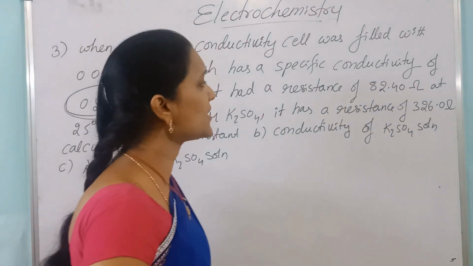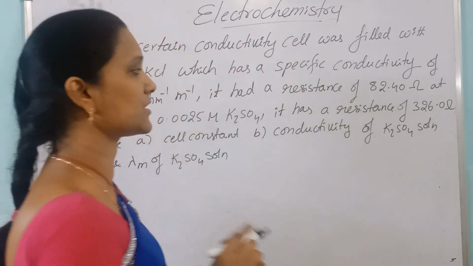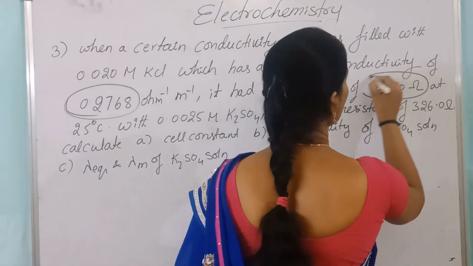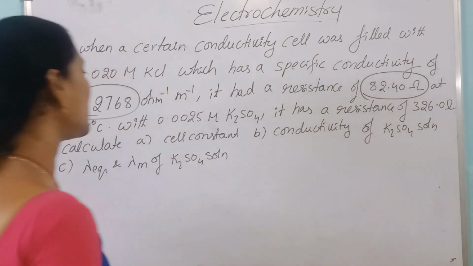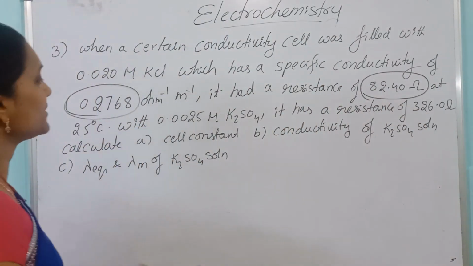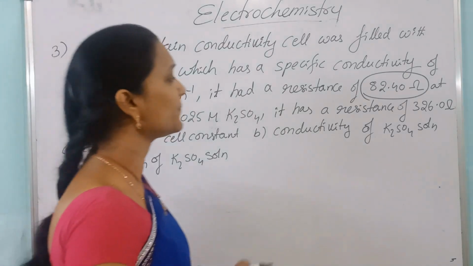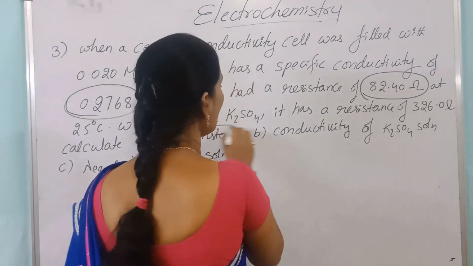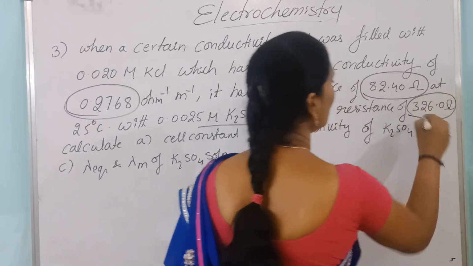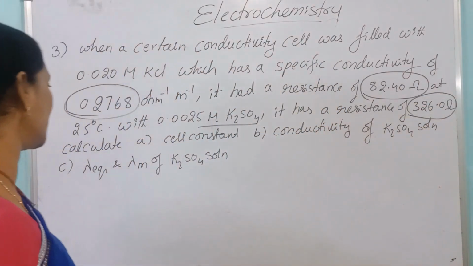It had a resistance of 82.40 ohm, so resistance R is also given, at 25 degrees centigrade. With 0.0025 M K2SO4 solution, it has a resistance, this solution resistance again given, 326.0 ohm.